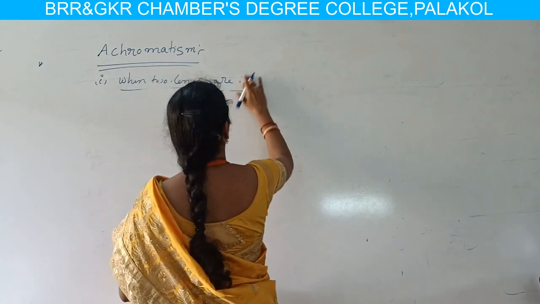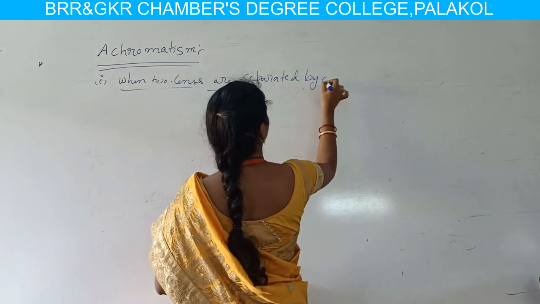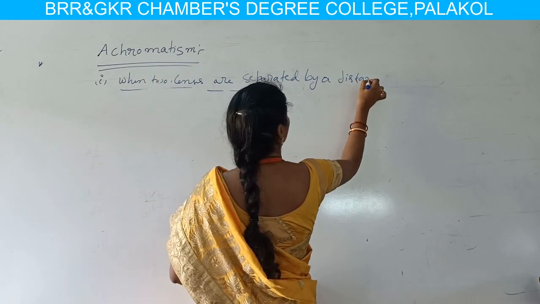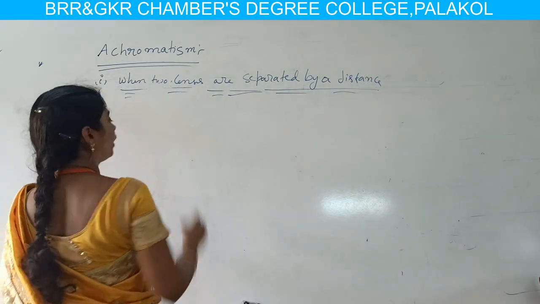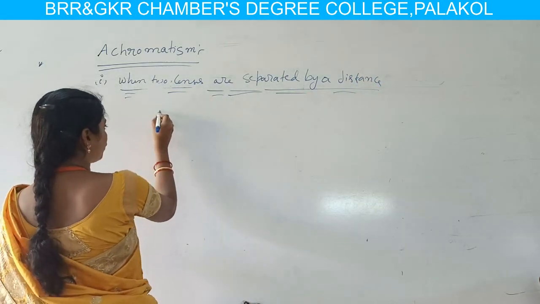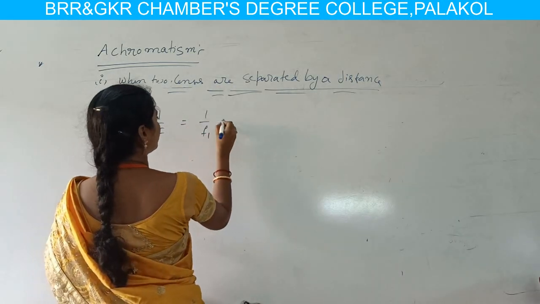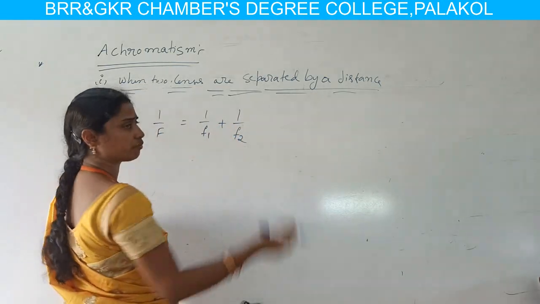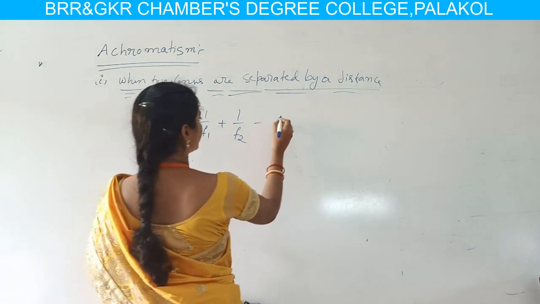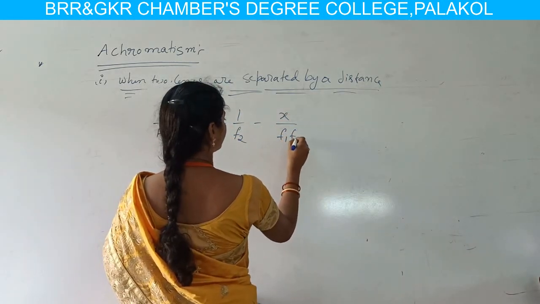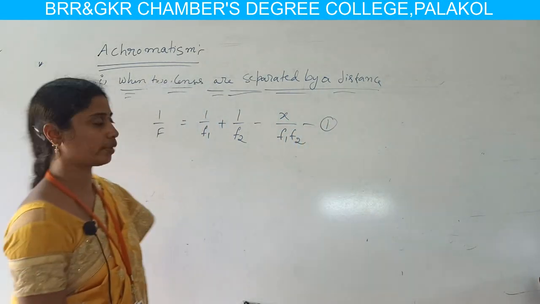We consider two lenses having focal lengths f1 and f2 and the same dispersive powers, separated by a fixed distance x. The combined focal length is given by 1/f = 1/f1 + 1/f2 minus x by f1 f2. This is the focal length of the combination of the two lenses separated by a distance.